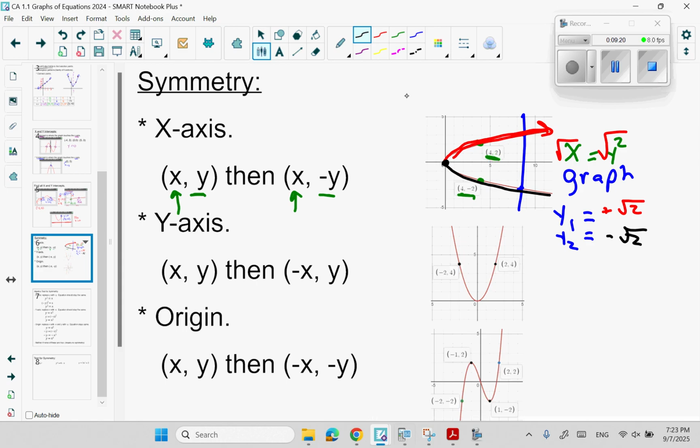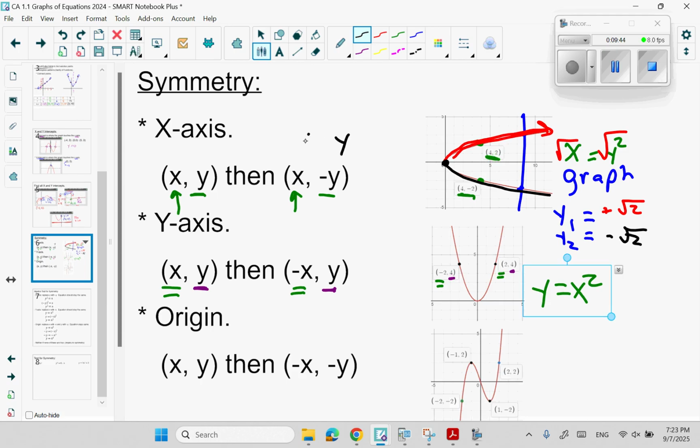Y-axis symmetry is when the y values stay the same, so that's 4, but I get x values to be positive and negative there. An equation like that is very similar to the parabola y equals x squared. You might see a pattern here with how these are set up.